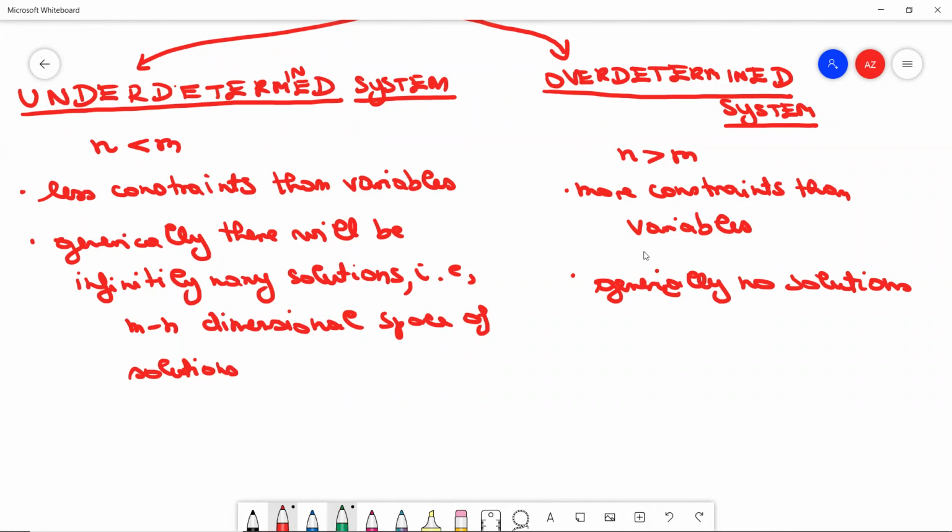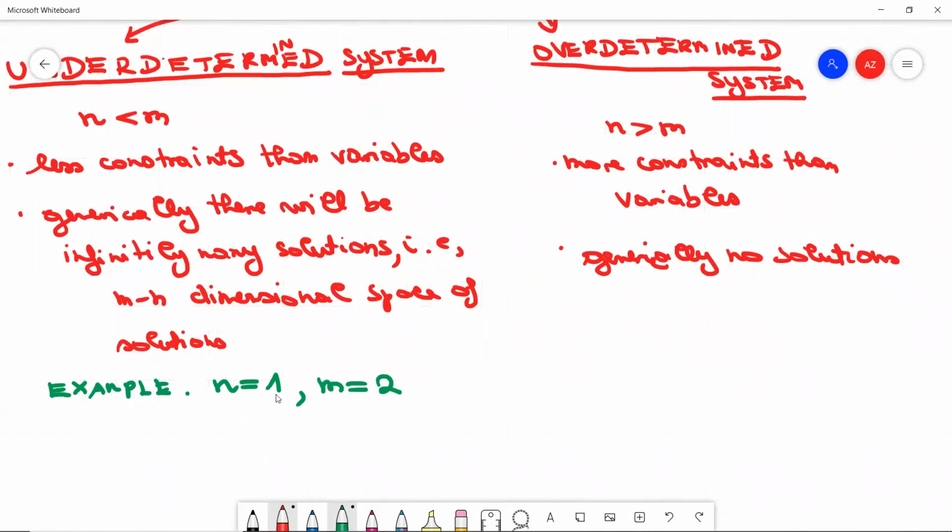Let's look at an example for both. In the first case, let's say that we take only one constraint, and we have two variables. What would the system AX equals B be geometrically in this case, when n is 1 and m is 2? This A is a 1 times 2 matrix.